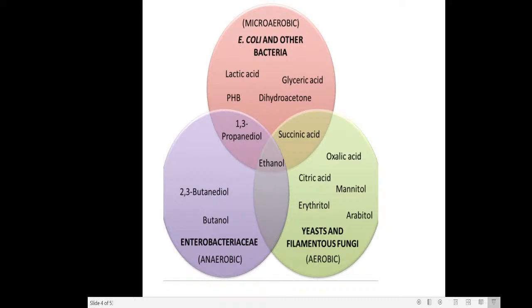So the cells take up that nitrogen source and store it in the cell wall, not the cell surface, in the cell wall. Those stored lipids are helpful for the cell.